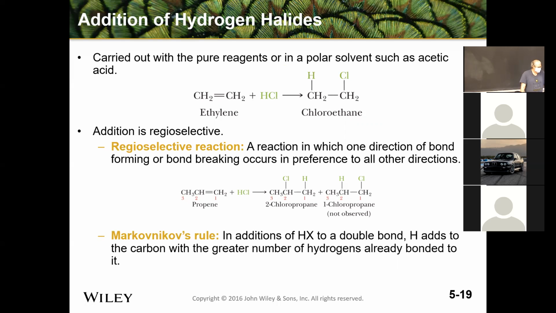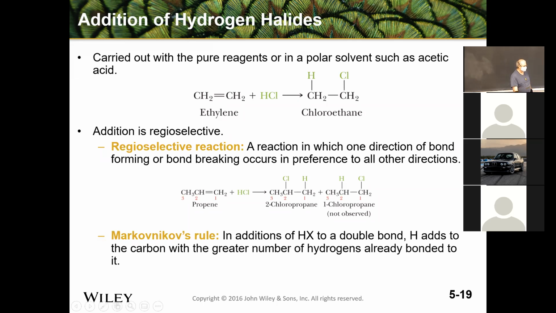We introduce a new term, and this is what is called regioselective. Regioselective means that the reaction favors a particular positional isomer. With ethylene, since that's symmetric, it doesn't matter which side gets the H and which side gets the Cl.